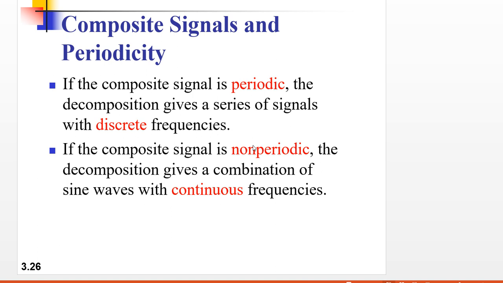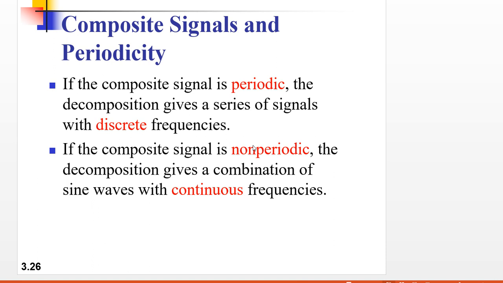There are two types of composite signals: periodic and non-periodic. You know what is periodic and non-periodic, as in the previous class I explained periodic analog signals, periodic digital signals and so on.